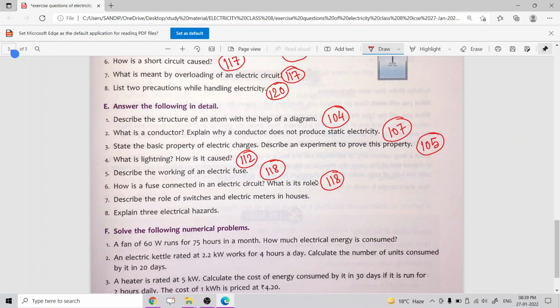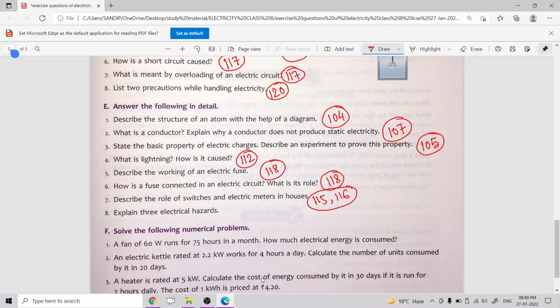Now the next one is, describe the role of switch and electric meters in houses, and you will get the answer to the question from page number 115 and 116. Generally, a switch is used to switch the electric circuit on or off.